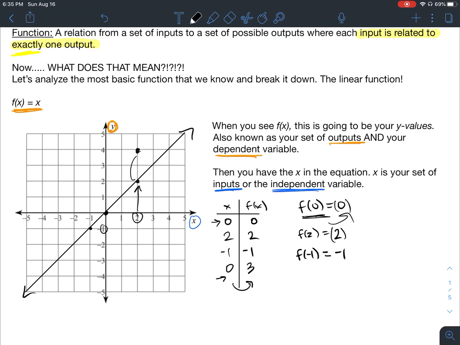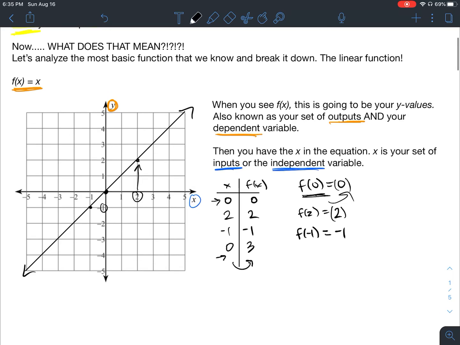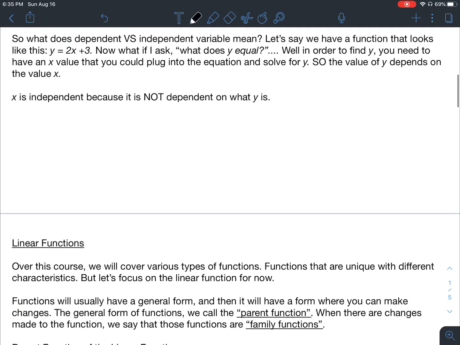You can't be in two places at once, right? So that's an example of what it means to not have more than one output. A function doesn't have two outputs for one input value. So that is what a function is. So hopefully that makes sense.